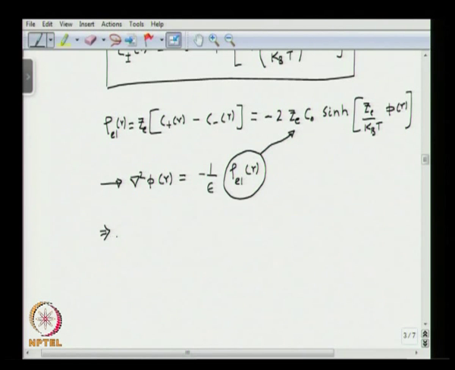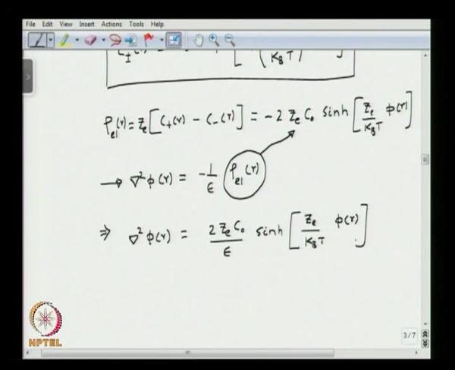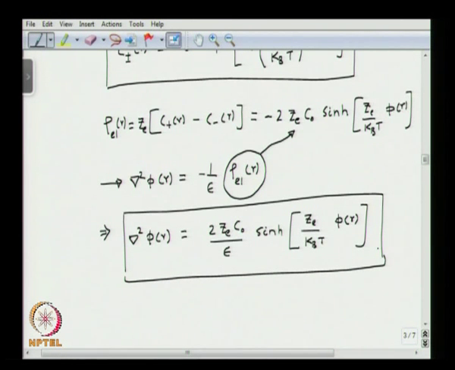So we can find del square phi r will be 2 Jd into C0 over epsilon into sine hyperbolic of Jd over Kb T into phi r. So this is what we would get.